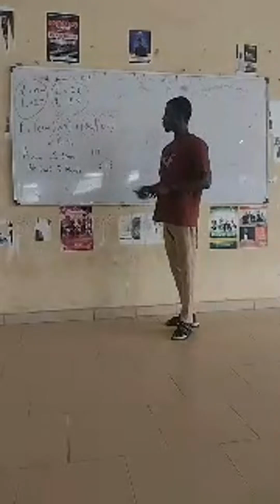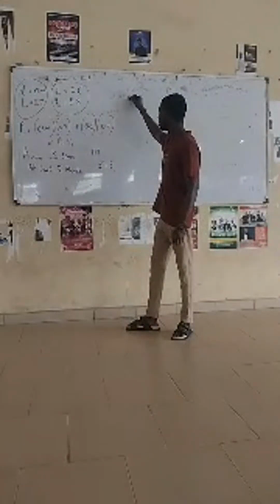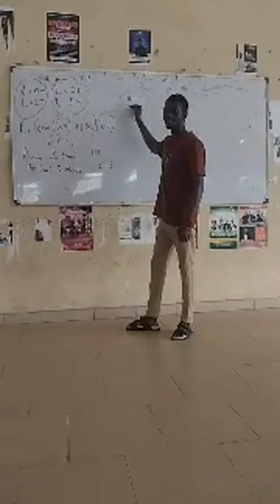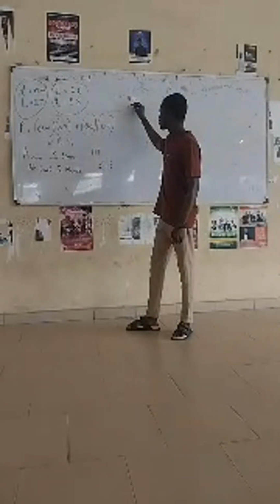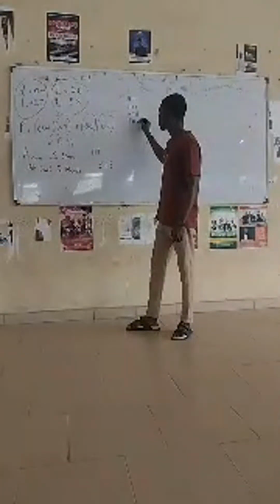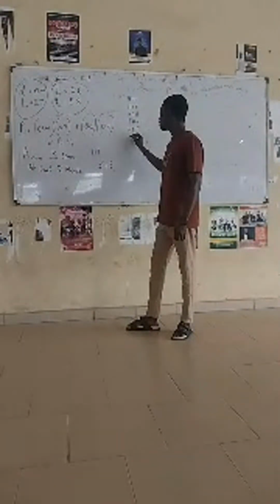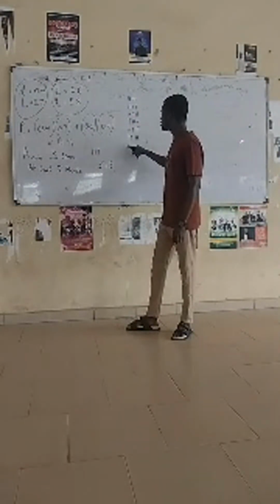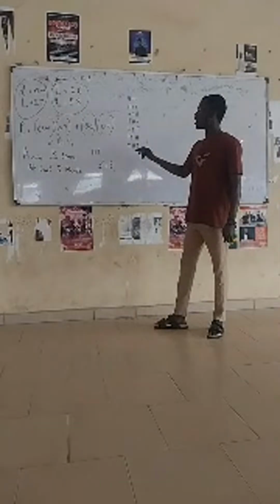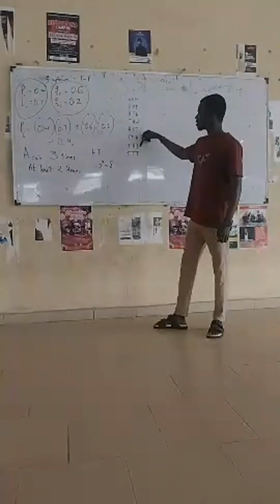Now, for at least 2 heads, the outcomes you can have: head, head, head; then head, head, tail; then head, tail, head; then tail, head, head. Then you can have 2 tails: head, tail, tail; tail, head, tail; tail, tail, head. Then you can also have tail, tail, tail. 1, 2, 3, 4, 5, 6, 7, 8.